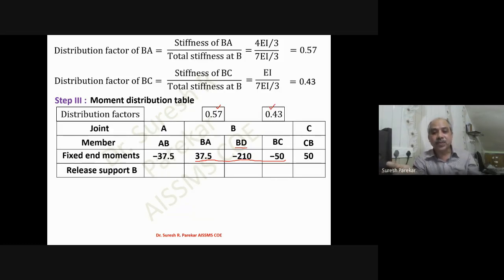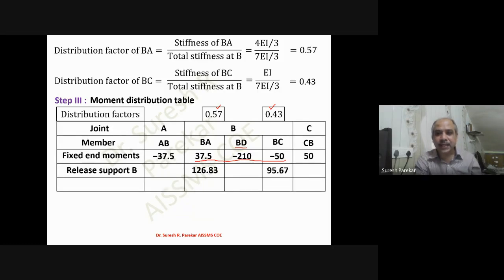No distribution moment goes to the BD member. Now, minus 210, minus 50, so minus 260 and plus 37.5, so minus 222.5, and if you multiply it, then you will get 126.83 and 95.67.